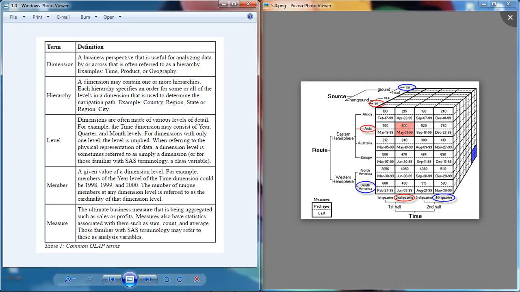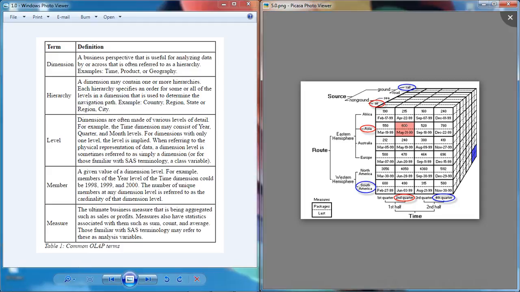So measures are very much important. They are the raw material by which we can calculate or take the aggregation of the data, or at the end say that this is how we have profit or loss. Measures also have statistics associated with them, such as sum, count or average.